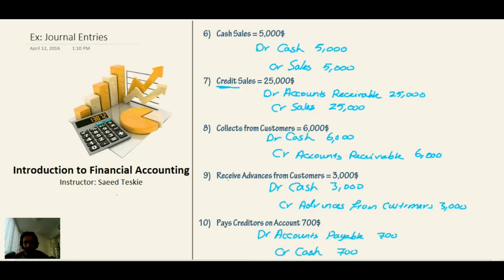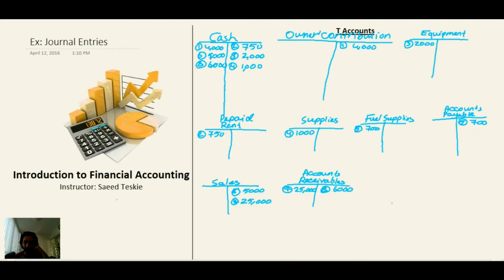Okay, receive advances from customers 3,000, so cash increased by 3,000 and advances from customers increased by 3,000. So we have a new account here called advances from customers, which is a liability account.